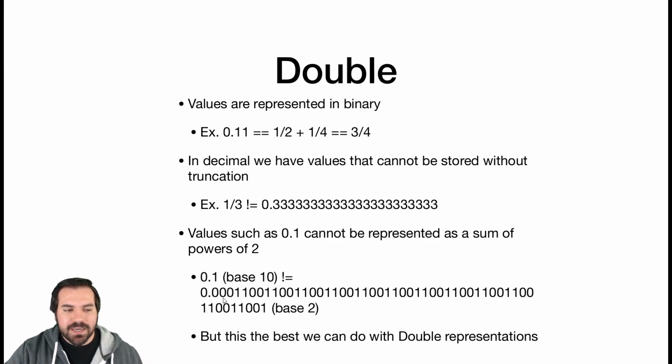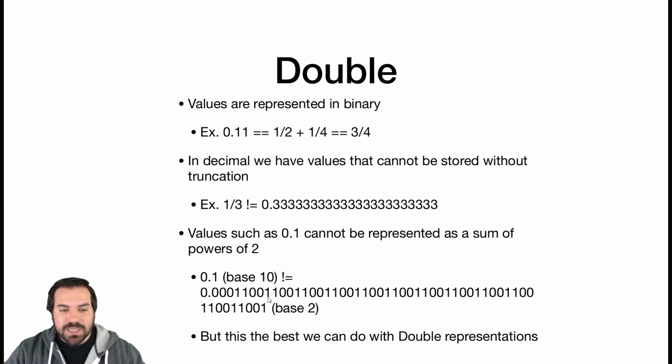This is an estimation, but to represent 0.1, it's 0 halves, 0 quarters, 0 eighths, 1/16, 1/32, 0 64ths, 0 128ths, 1 256th, so on and so forth. And then this 0011 repeats forever until we run out of space in the universe. We just can't exactly represent 0.1 base 10 as the sum of fractions of powers of 2. We just can't represent that exactly, the same way we can't represent 1/3 as fractions of powers of 10.